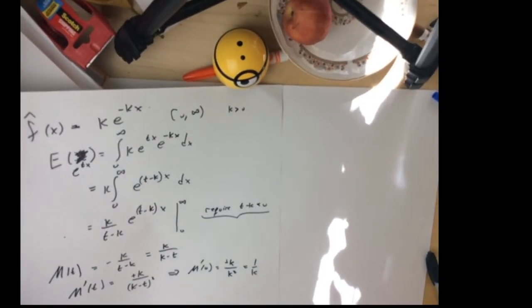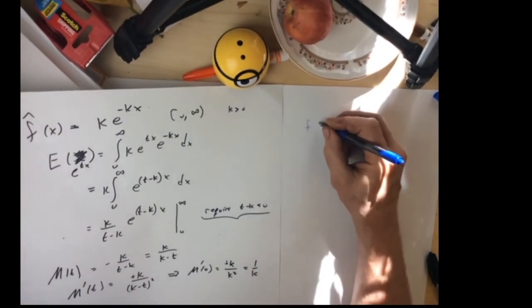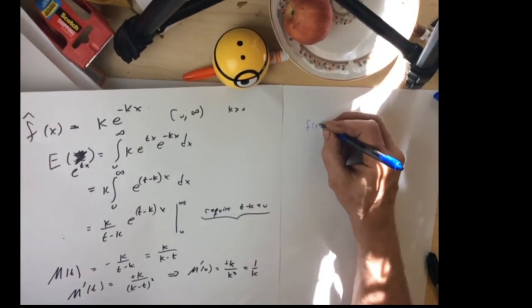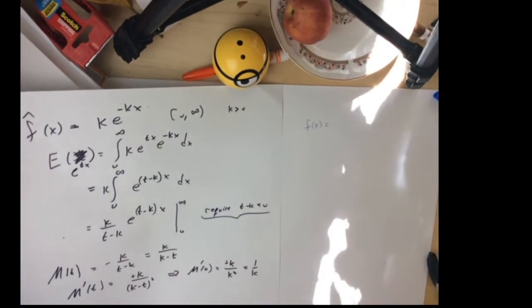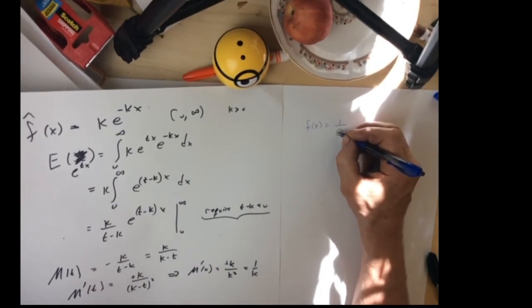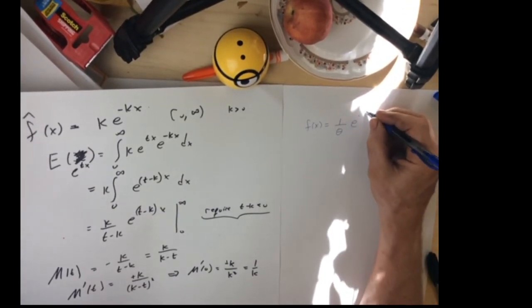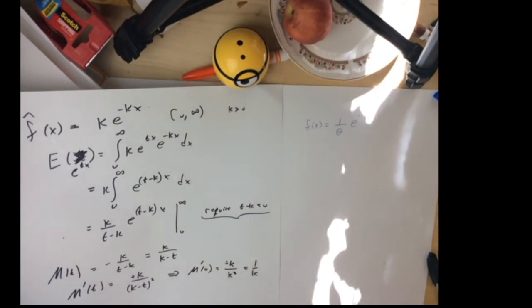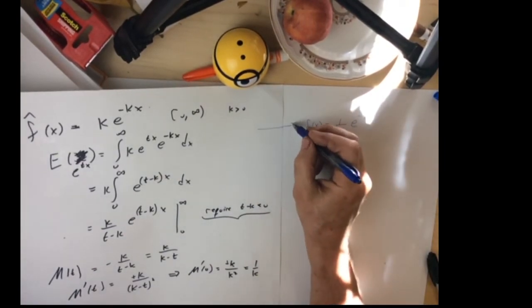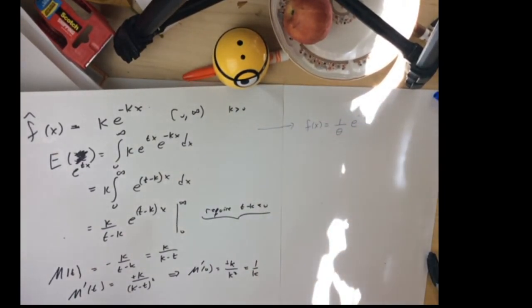I'm going to choose f of x equals, and instead of using k e to the minus kx, I'm going to use what the standard book uses: 1 over theta e to the minus x over theta. Now what I've done from here to here is I've simply switched in k equals 1 over theta. It's just a parameter change.